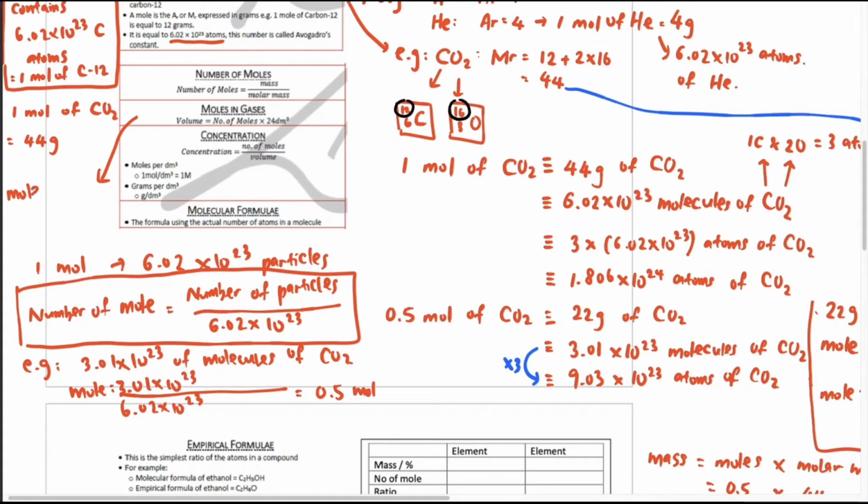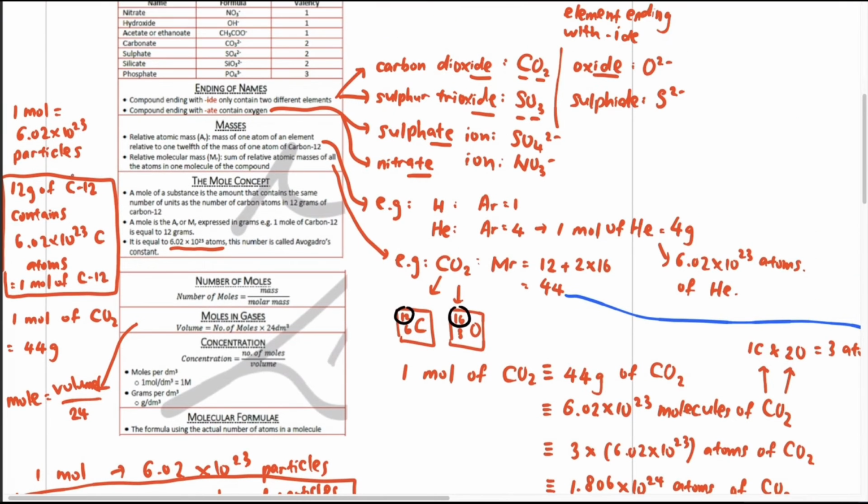So mole is equal to the volume of gas divided by 24 dm3. Since the bottom is using dm3, the volume on top we have to use dm3 also. If they give you cm cube, then you just need to divide by 1000 to change it to dm cube.